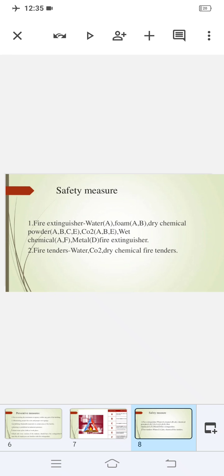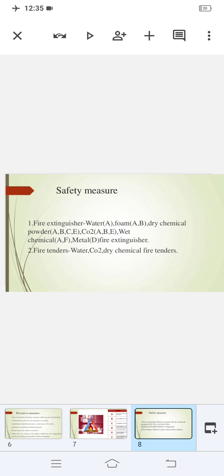Now, class C type of fires should be prevented by a carbon dioxide extinguisher. It is used for fire suppression when the material reacts violently with water. Many common materials do not burn when the oxygen content is less than 16% in the air, or the air is diluted with carbon dioxide.